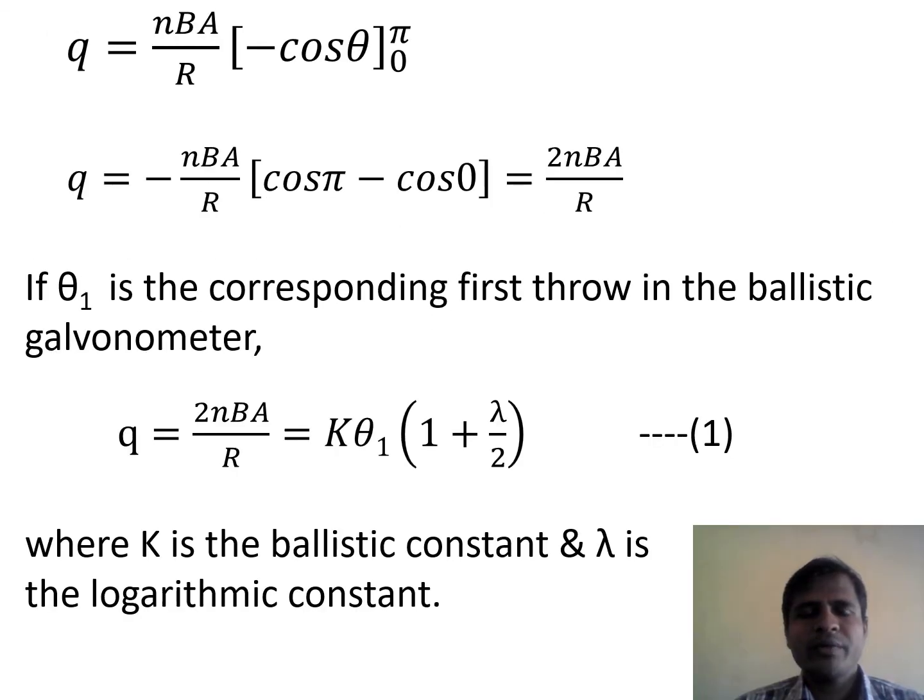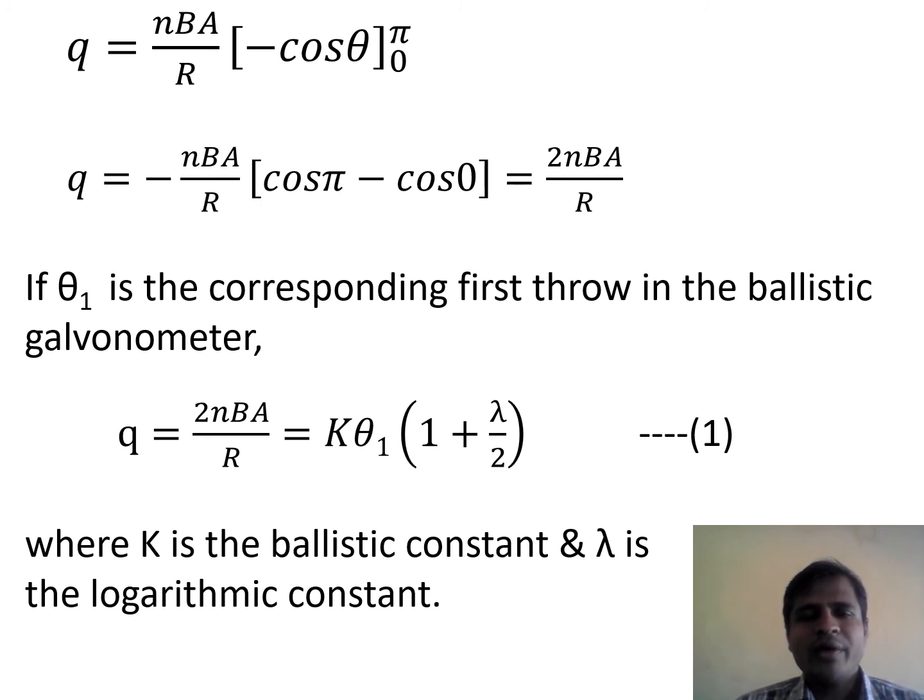In the previous equation, the integration of sin theta is equal to minus cos theta. So the expression for Q becomes Q is equal to N into B into A upon R into bracket minus cos theta, bracket complete, 0 is the lower limit and pi is the upper limit.